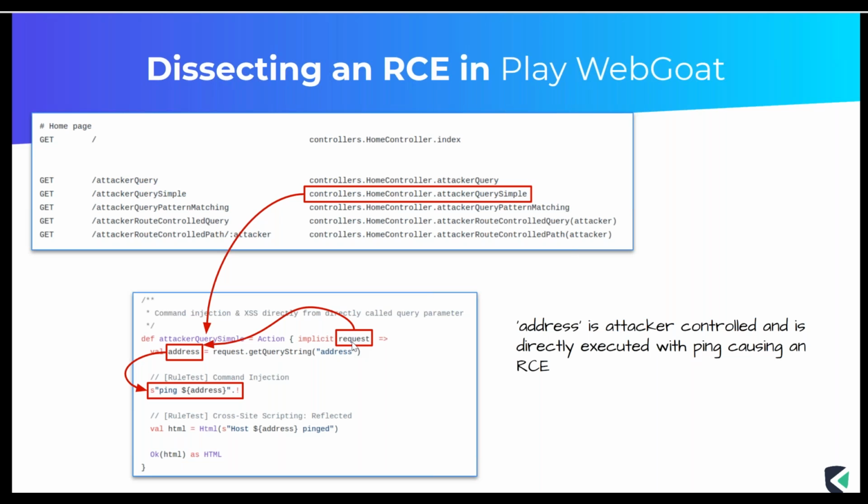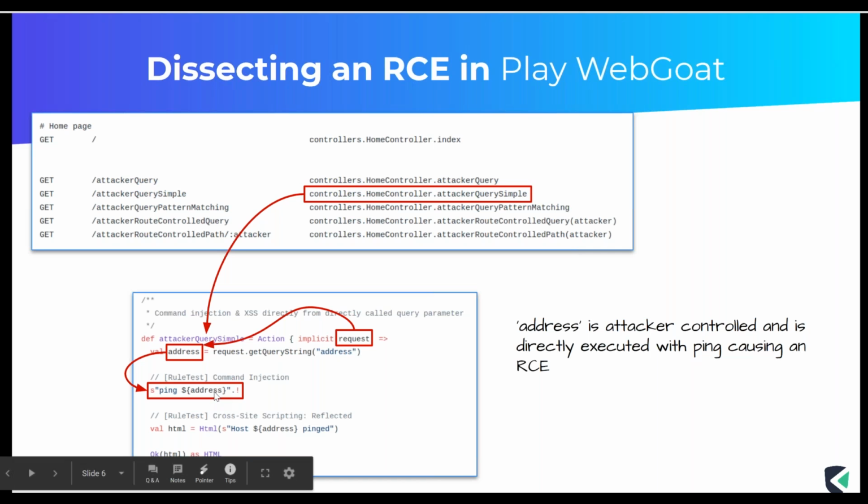And what we can see here is that the address, which is a new value that has been created, is taking its value from the request parameter. So now we know that the request has some data, the attacker-controlled data, which has now flown into the address. And eventually, in the next line itself, it's actually being directly used by sys process.